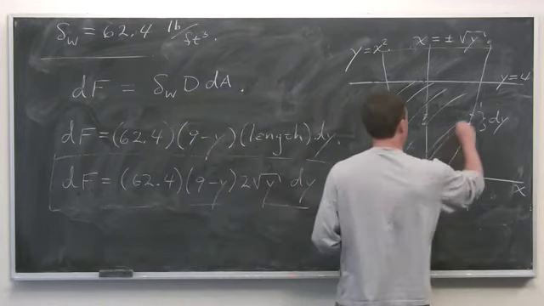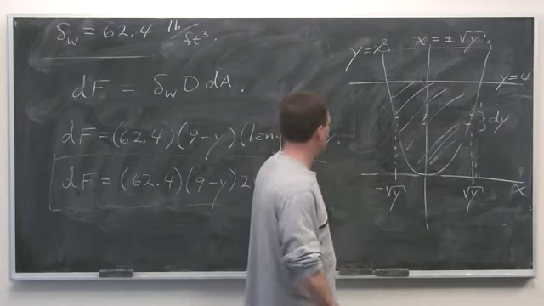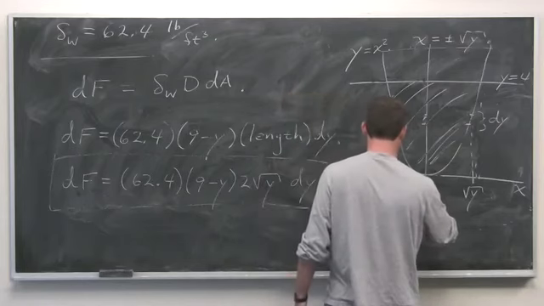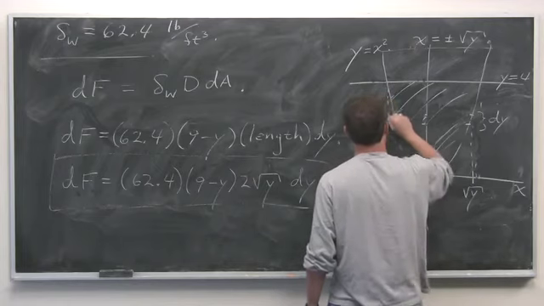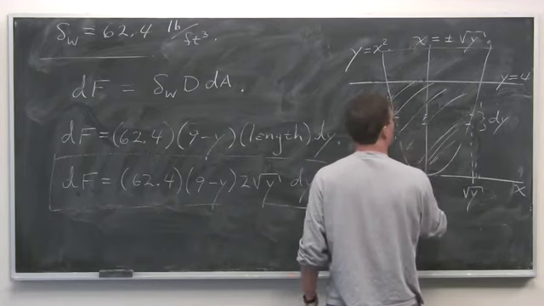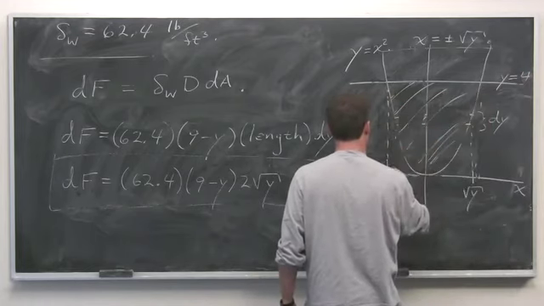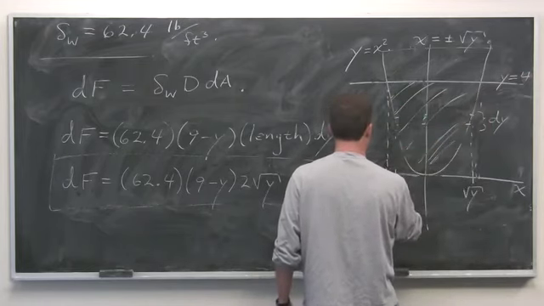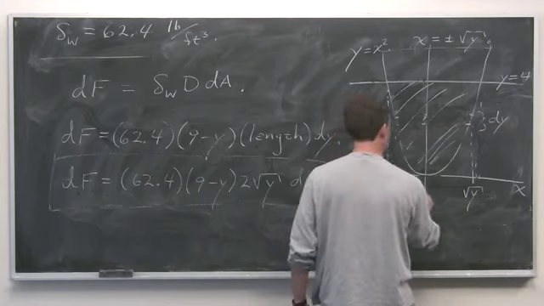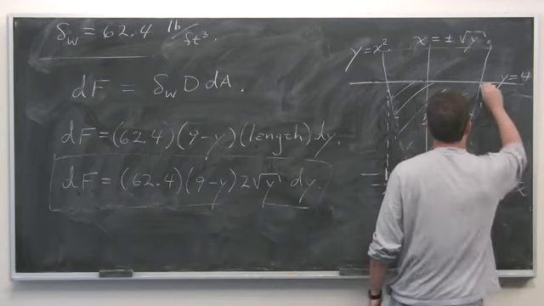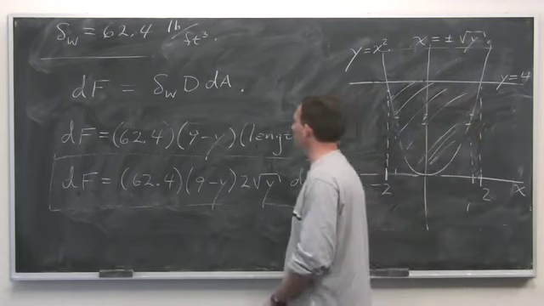So what we get is exactly what we did a minute ago, except now you replace y equals 9 with y equals 4. Of course, that changes some other things. For instance, this is at minus 2. This is at 2.